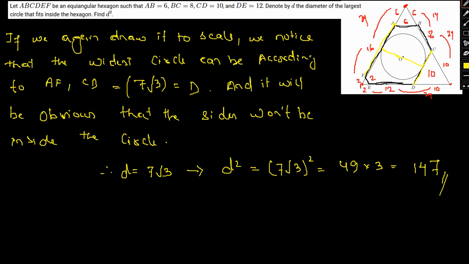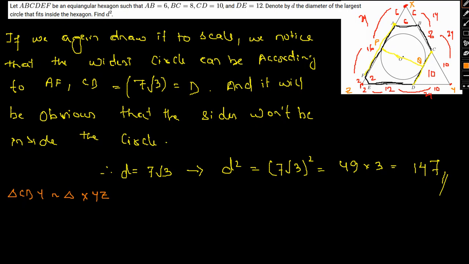Now if you're confused about how we got to 7 root 3 as the diameter, let me show you this separately so that things are clear. Suppose we mark a few points in general. Say this is X, this is Y, this is Z, this point be P, this is O, this is Q. Now if we take a look at triangle CDY, the triangle is similar to triangle XYZ.